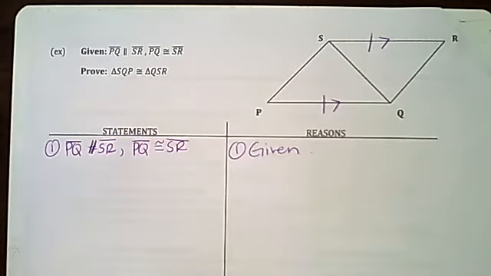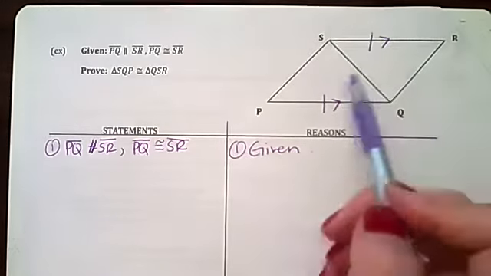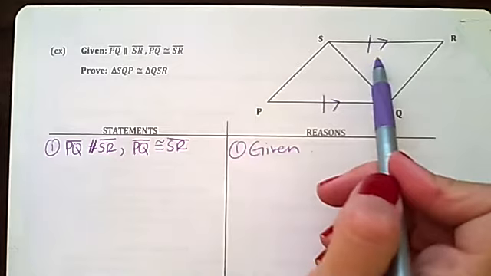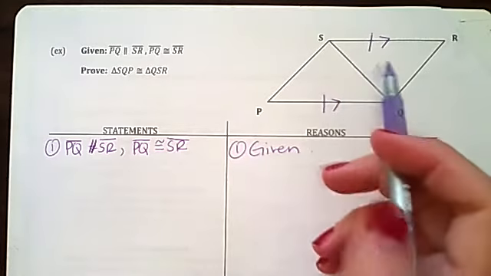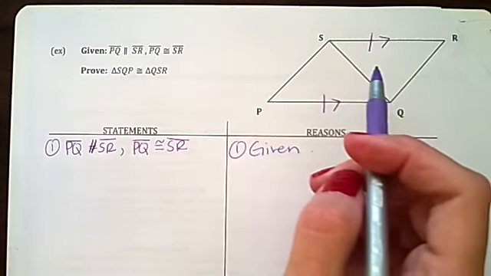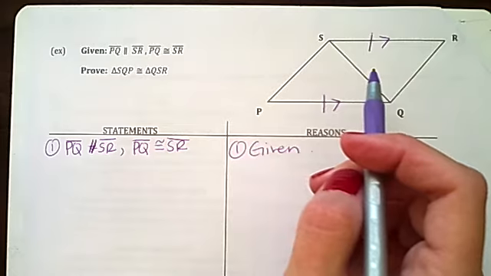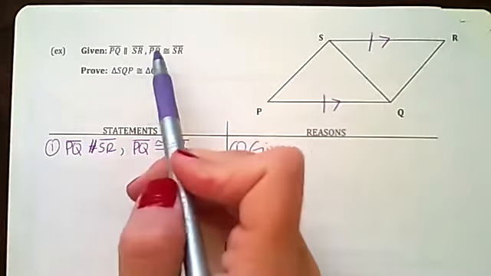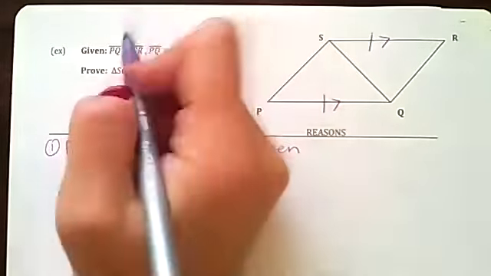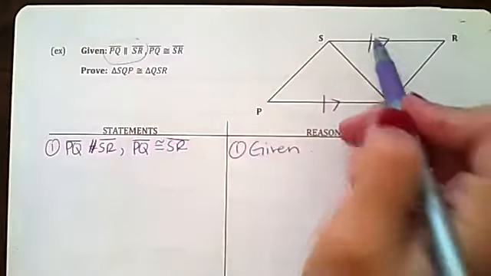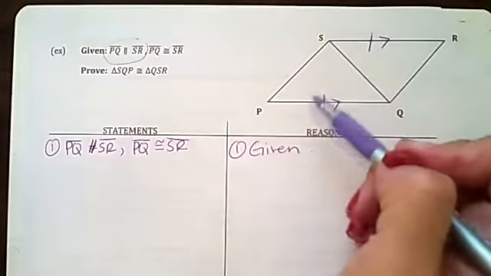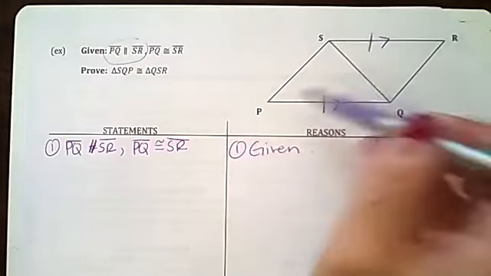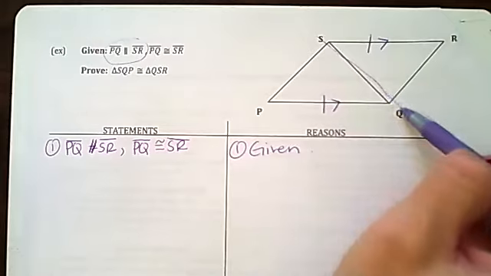We are being asked to prove that these triangles are congruent. So remember, you need side, side, side, side, angle, side, or angle, angle, side for any of those. So you always have to use the given information. Like them telling us that these lines are parallel, they told us that for a reason. Do we notice how these lines are parallel with this transversal?